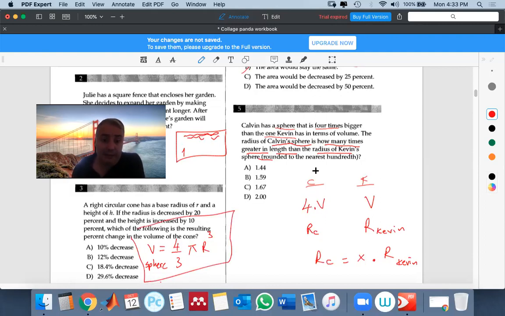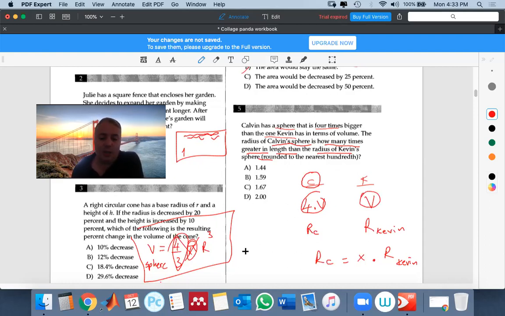If the volume of the first one, which is Calvin, is 4 times the other one, what is the difference here? What is the variable? 4 over 3 is the same, pi is pi, same. What can change the volume? Just the size of the radius. So if this volume is 4 times the other volume, I can say what?